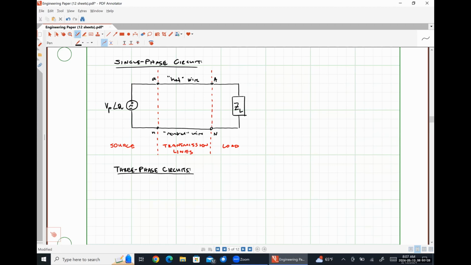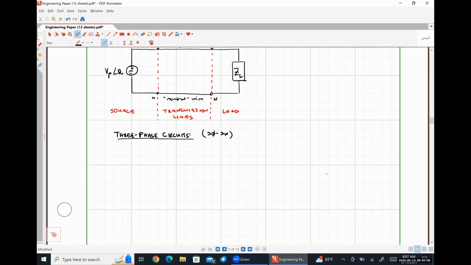This is going to be an example of a three-phase, three-wire system. What we're going to have is a three-phase voltage source. Let me make sure I gave myself enough room here. It might look something like this.